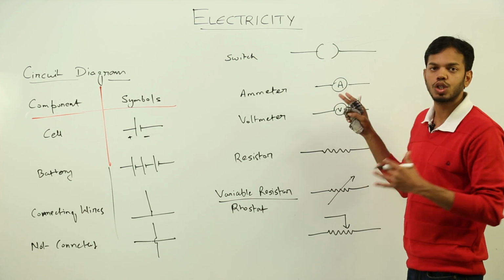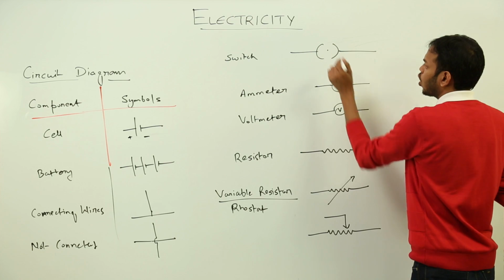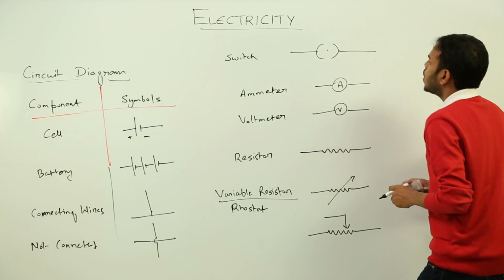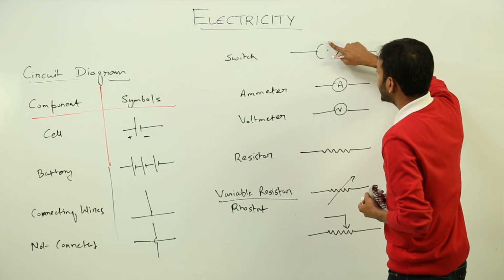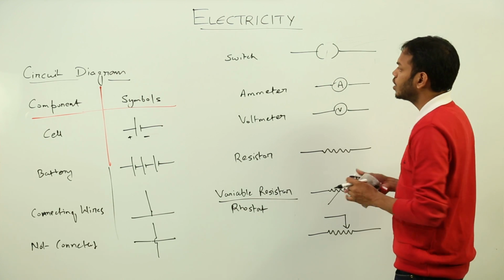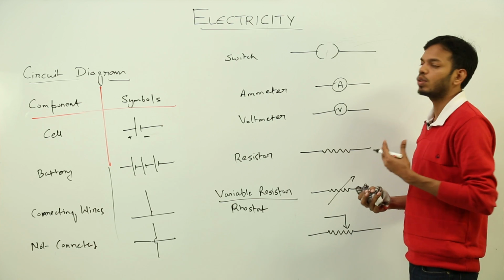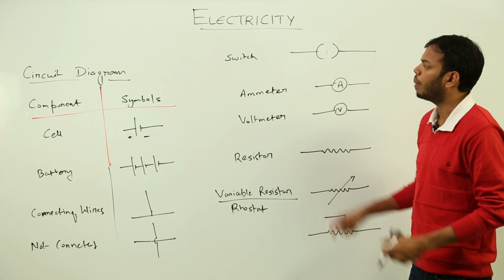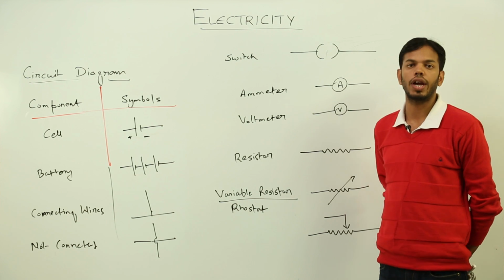That means switched off condition. But if I place a dot here, that means it is now in switched on state. So this is a switched on state and this is a switched off state. This is how we represent switches in closed and open circuits. So these are the main components which you need to know for drawing a circuit diagram.